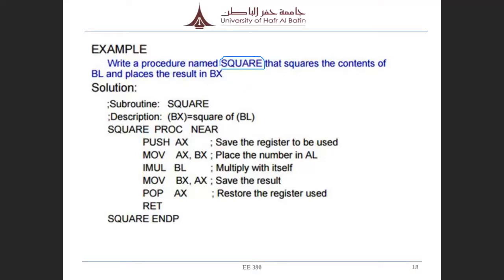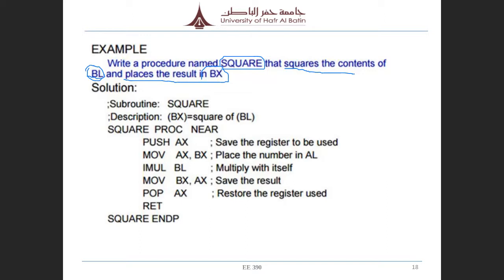What will you do in this procedure? It squares the content of BL. So if BL has 2, it will do the square, that means 2 squared, that is 4. And the result will be saved in BX. So the result will be saved in 16-bit, but the previous data in BL is in 8-bit format.